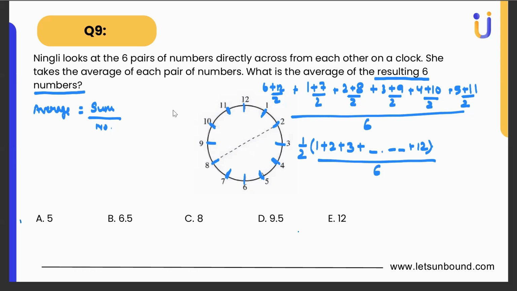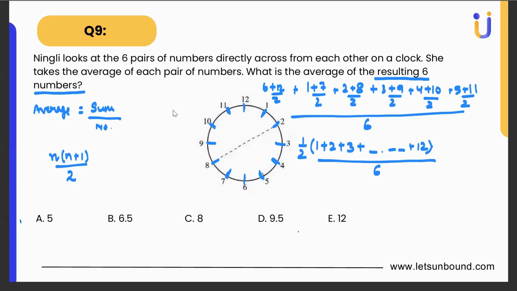And if you have learned sequence and series, you would know the formula for the sum of natural numbers, which is n times n plus 1 divided by 2, which means if I have to find out the sum of numbers till 12, then I have to do 12 times 13 divided by 2.